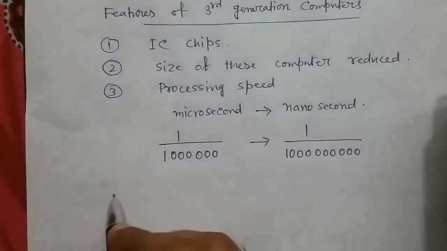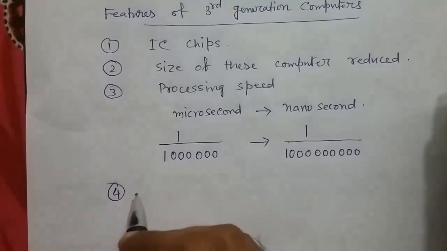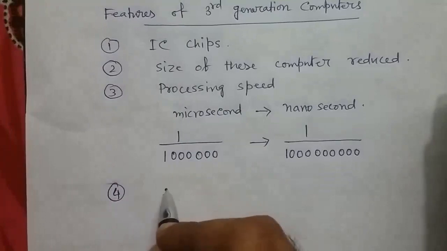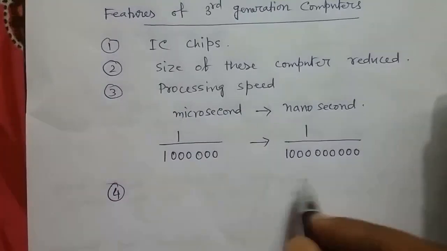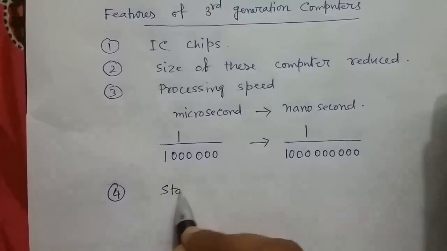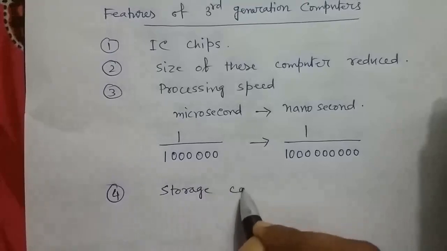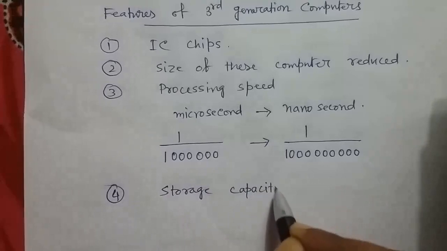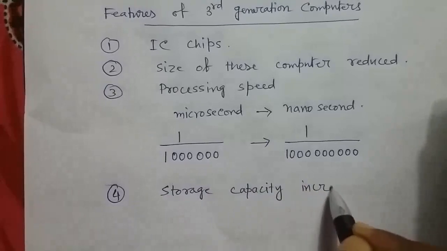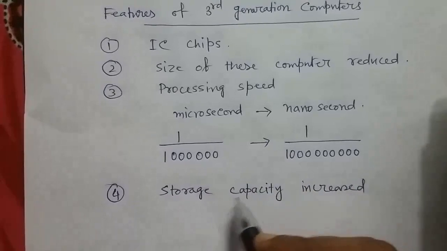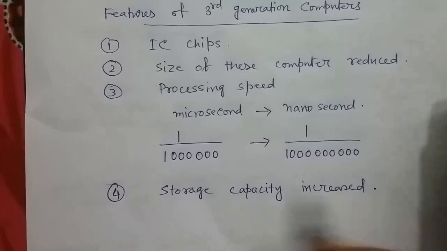And number 4, due to the improved secondary storage, the capacity to hold data was increased. So I can write here: storage capacity increased as compared to the second generation computers.